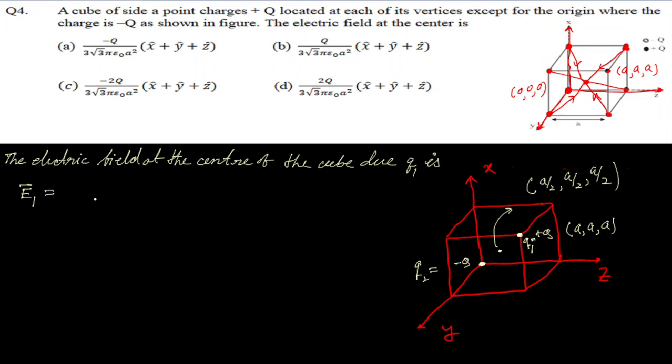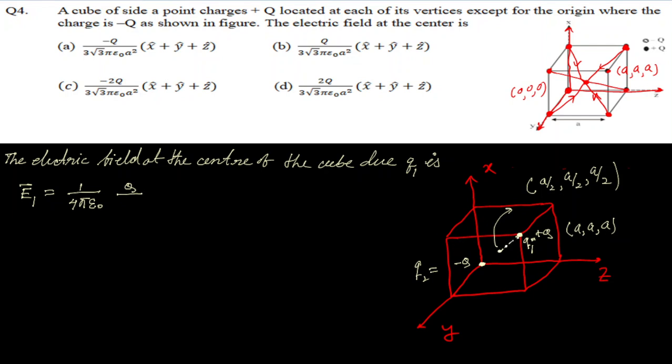So what will be the value of E1? 1 by 4 pi epsilon naught, that is the Coulomb constant, into the magnitude of charge of q1, in this case capital Q, divided by the distance of the field point from this charge. In this case, what will be this distance?